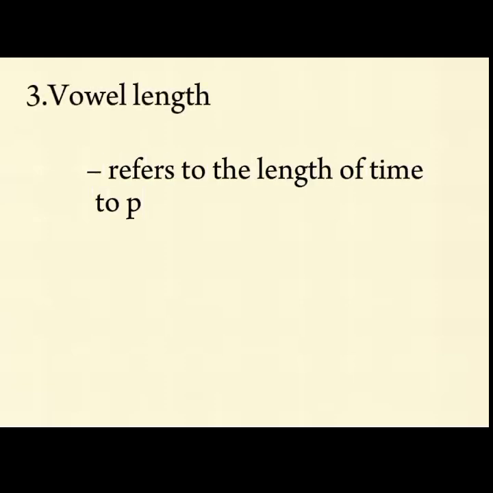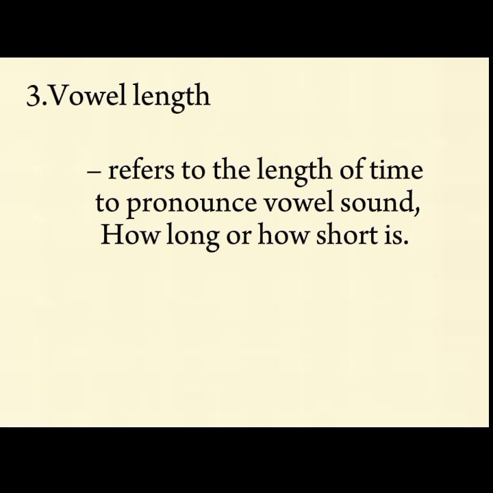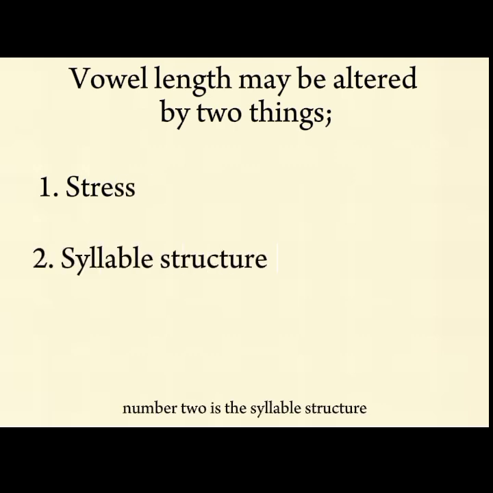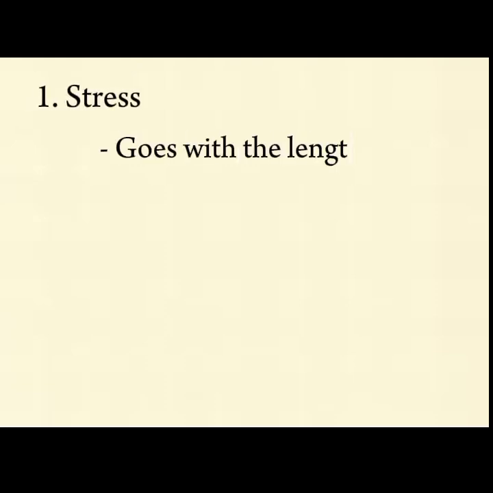And the last one that affects speech is vowel length. Vowel length refers to the length of time to pronounce the vowel sound, how long or how short the vowel is. Vowel length may be altered by 2 things. Number 1 is stress. Number 2 is syllable structure. The first one is stress. Stress goes with the length of the vowel sound.